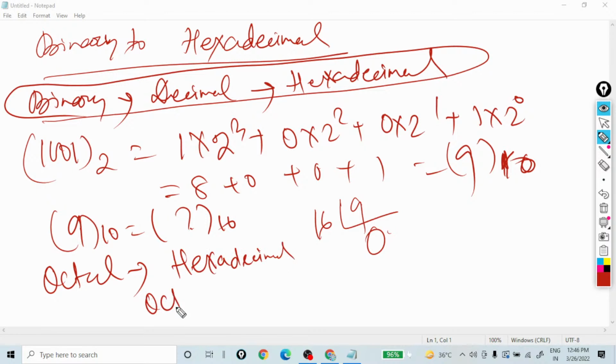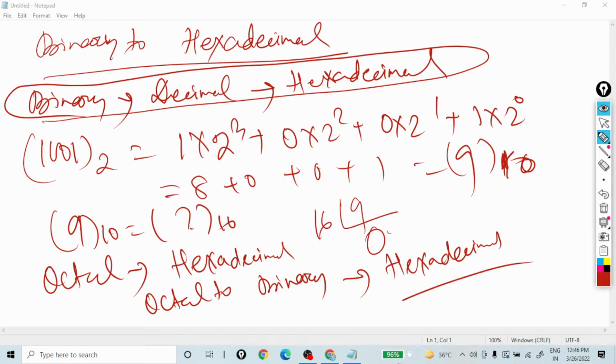Octal to binary, then binary to hexadecimal. First, always convert into the decimal system, then convert into the required form. So by this, you can solve any questions related to your number system.